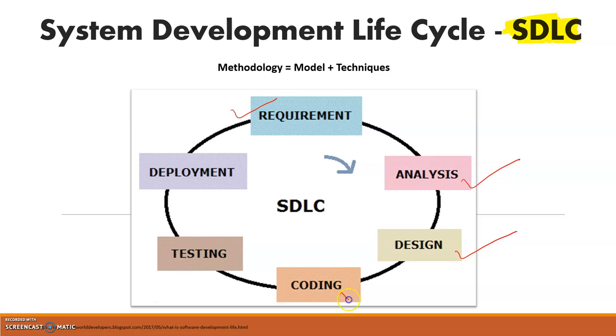Then we do the coding part, which we also call implementation, right? So this is coding. After completing implementation, we test all the modules, with different types of testing, and then we deploy our software.